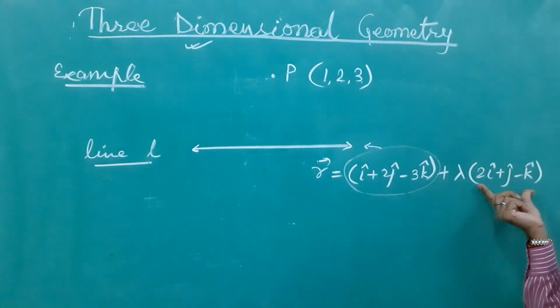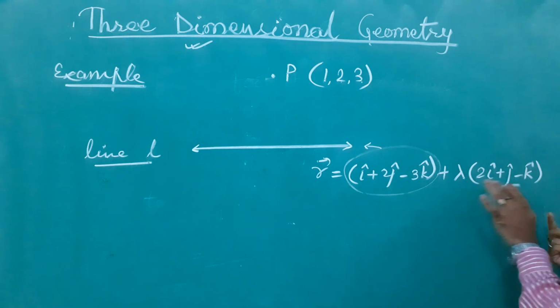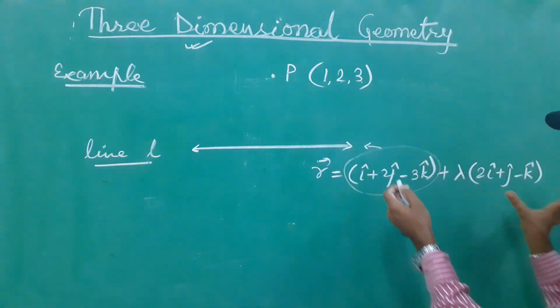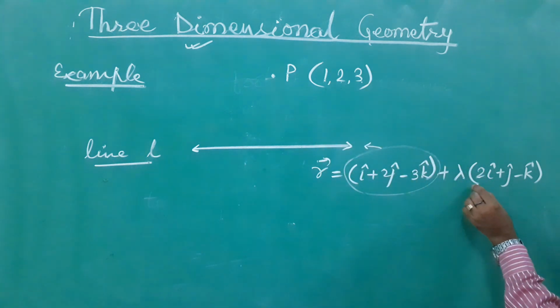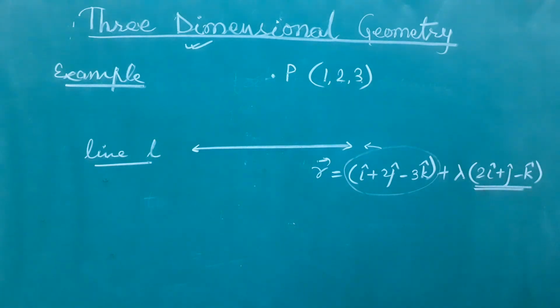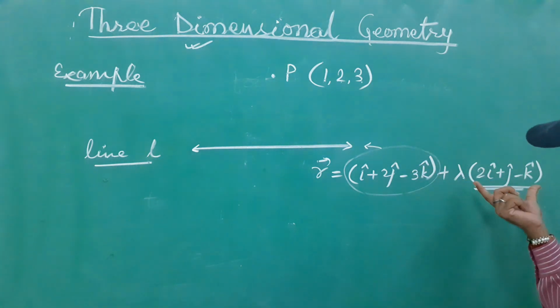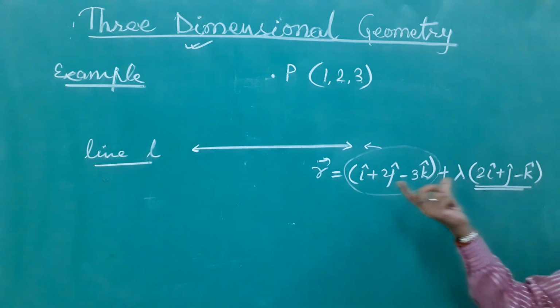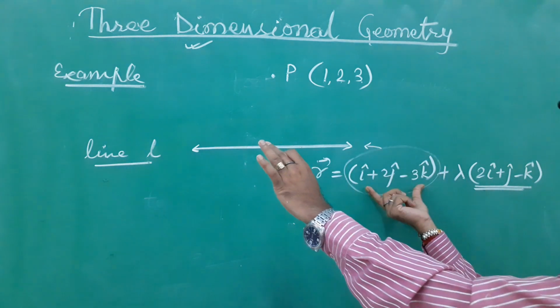And the b vector is parallel to the line, so it is only for the direction. So this shows the direction of the line, and this is one of the points on the line.